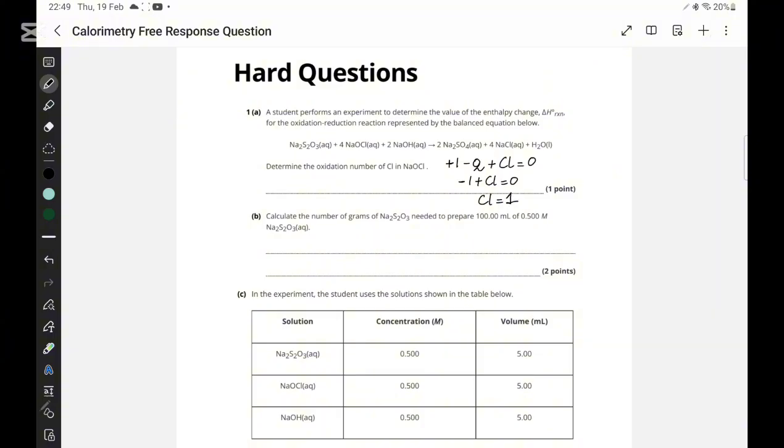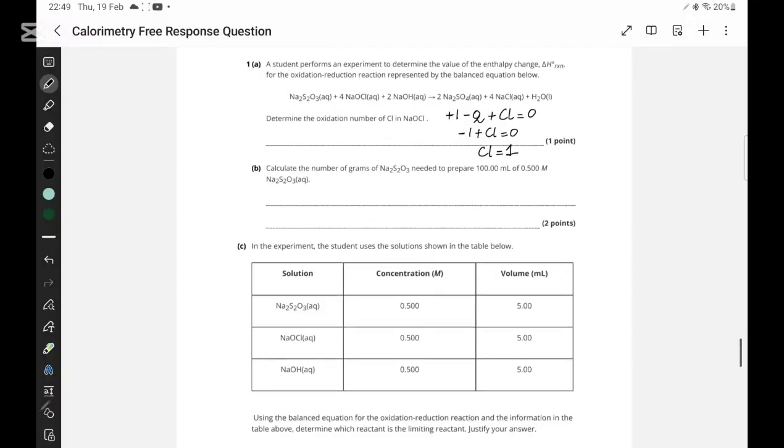In this question they are asking us to calculate the number of grams of sodium sulfide. So how can we do that? First convert this 100 milliliters into liters, that is 0.1 liter, and this one is 0.5 molar.